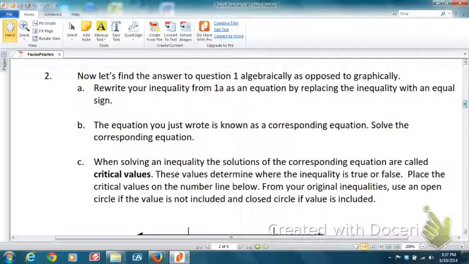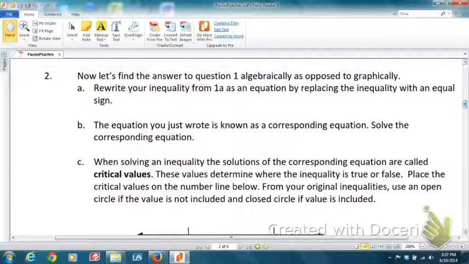All right, number 2. It says, let's find the answer to number 1 algebraically as opposed to graphically. In A it says, rewrite your inequality from 1A as an equation by replacing the inequality with an equal sign. So here again, they're telling you exactly what they want you to do.